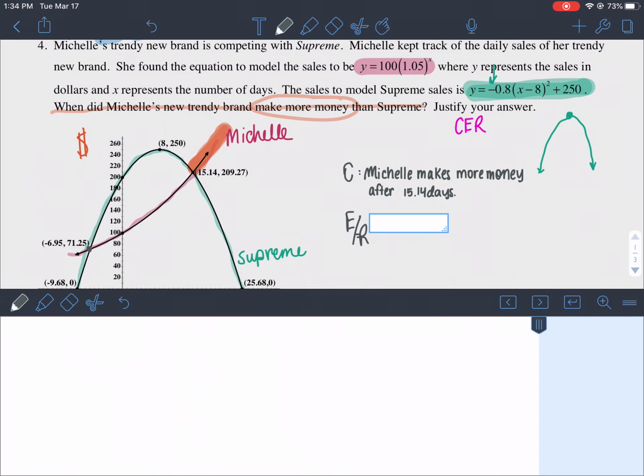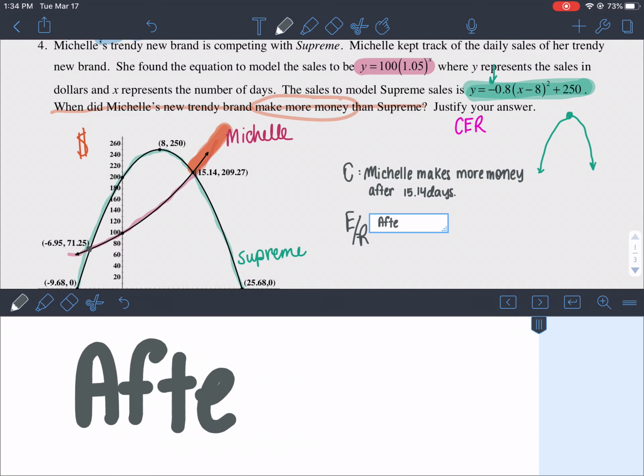How did we know this? We knew this because we want to know where they're making more money. I'm forced to look at my y values, and since I want more money, I know that I'm looking for a higher y value. And that happens after the second intersection. So after the second intersection, Michelle's values are higher than Supreme's.